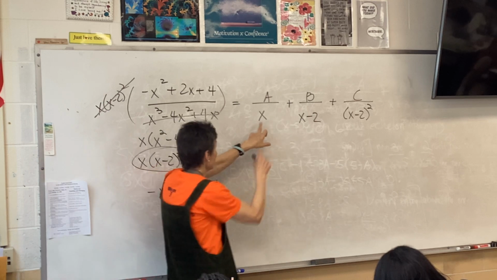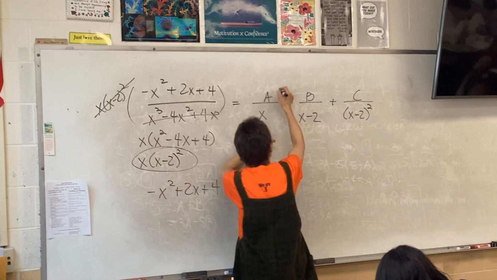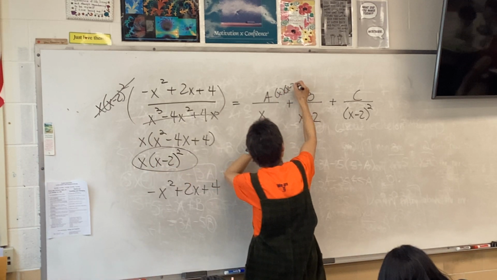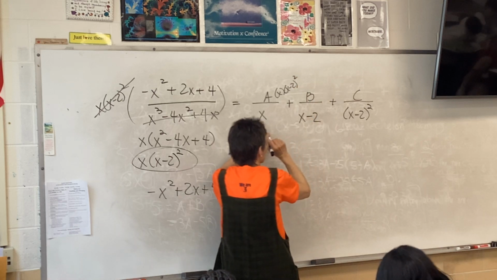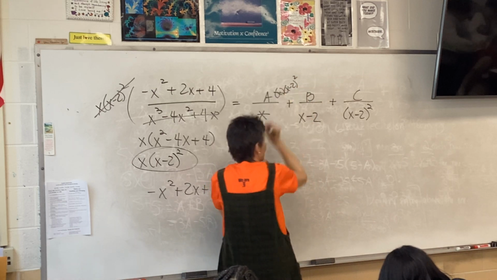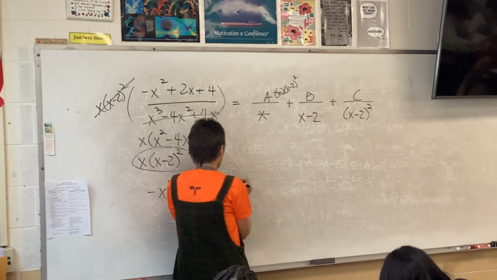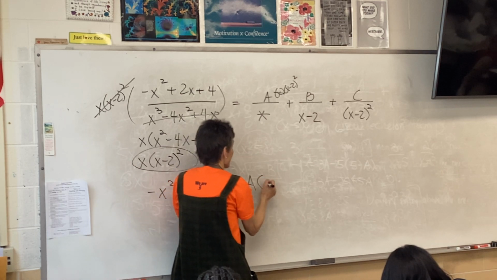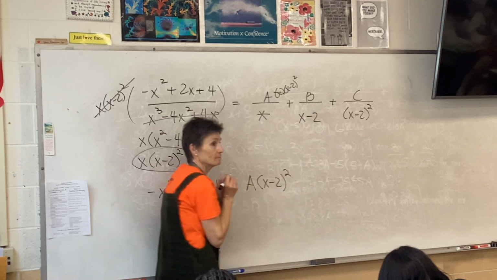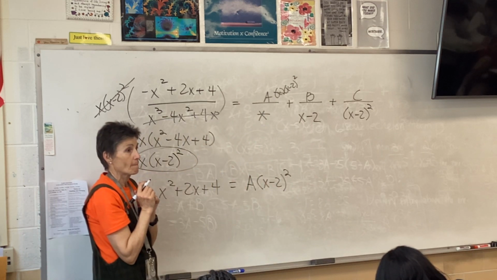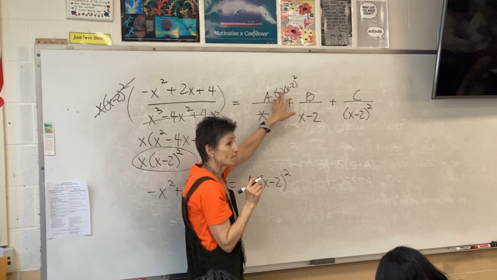Now remember, I am multiplying this by x and x minus 2 squared. So the x's are going to cancel, but I'm going to have a times x minus 2 squared. That's what's left here.